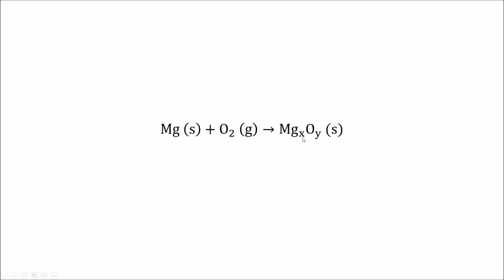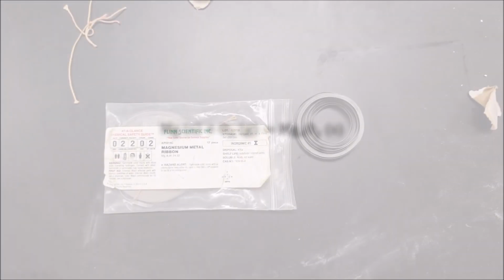And so one way to do that, we'll put some X and Y subscripts here representing what is the ratio, what is the identity of this product. And we're going to see if we can figure this out experimentally. So we're going to produce some sort of a solid product. We want to figure out what it is.